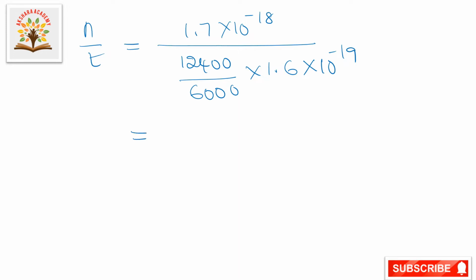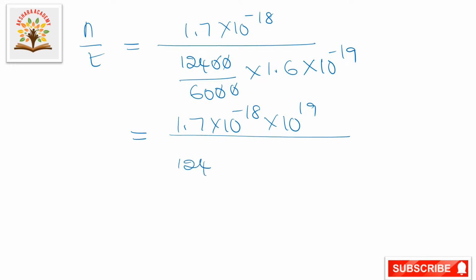That is equals to 1.7 into 10 to the power of minus 18. Here 10 to the power of minus 19 becomes 10 to the power of plus 19. 0, 0 gets cancelled, and 124 into 1.6. Here this 60 we are writing in the numerator.